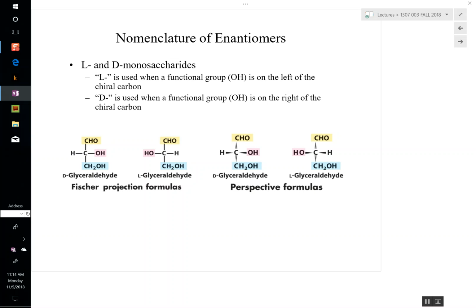So, for a Fischer projection, what you do is you orient the carbons vertically. The carbons are behind you, facing you. So if I was looking at this to see if this is D or L, I would face it. And the OH and the hydrogen are projecting towards you. If the OH is on the right, it is D.